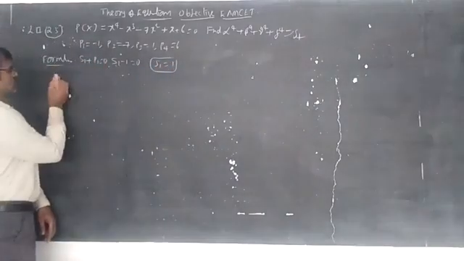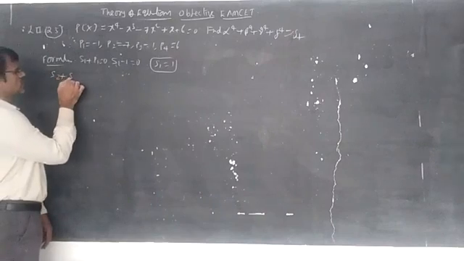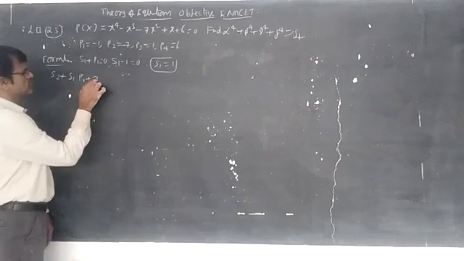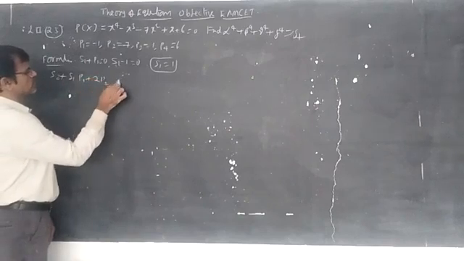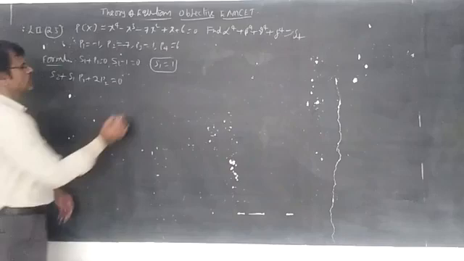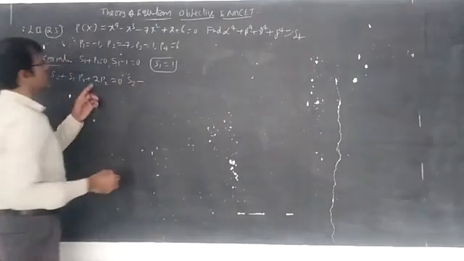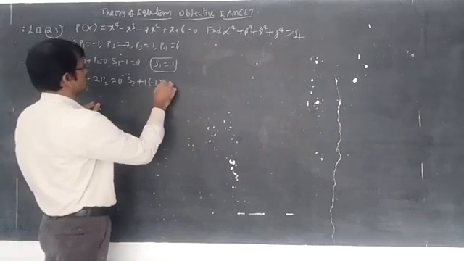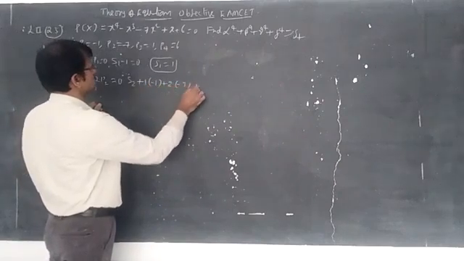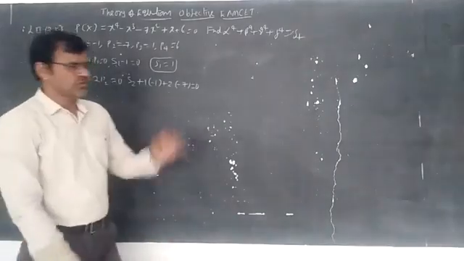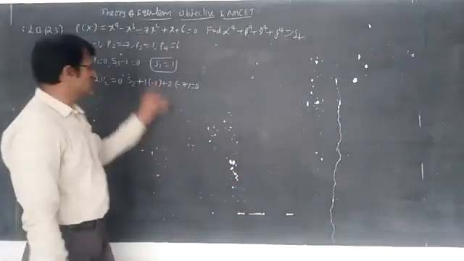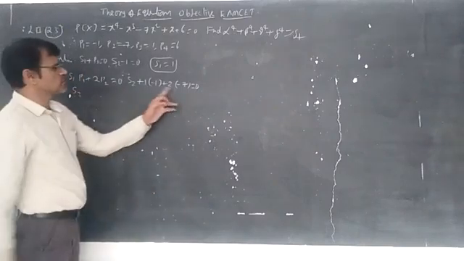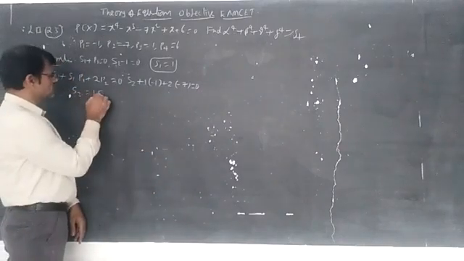Next use the formula S2 plus S1 P1 plus 2 P2 equal to 0. So S2 plus 1 into minus 1 plus 2 into minus 7 equal to 0. We have to do the sum, there is no shortcut because every one depends upon the previous one. So S2 minus 1 minus 14, it is 15.